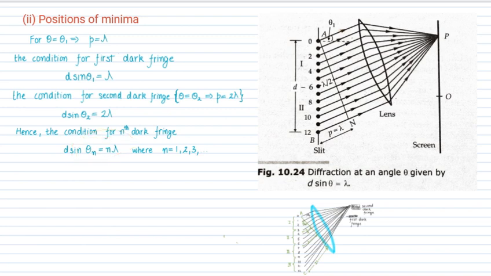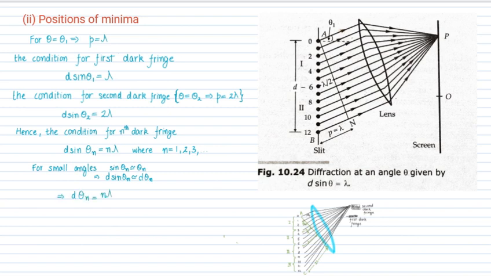Fine. Now if you consider these angles, these angles are very small. If these angles are very small, then I can simply write sine theta as theta n. So if sine theta is theta n, then I can write d sine theta n as d theta n.